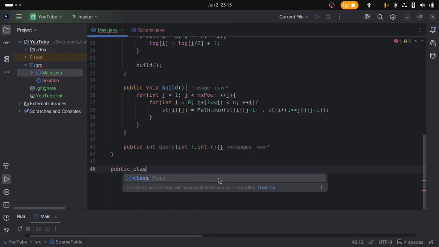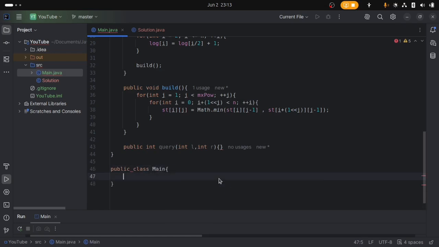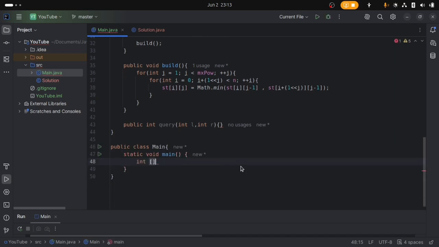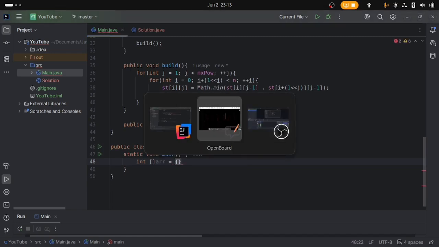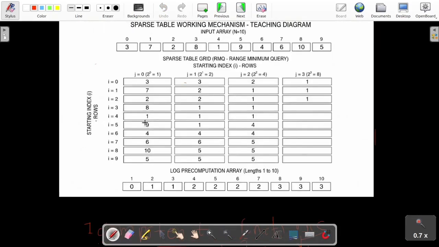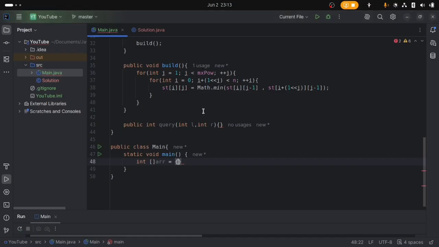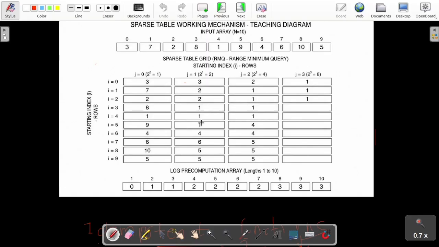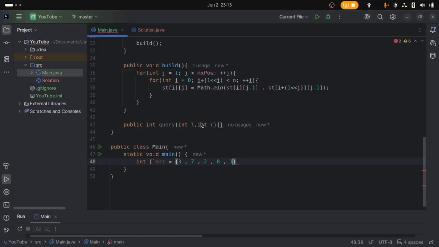Public class, public static void main. Let's take an integer array, the same array which we took while building: 3 7 2 8 1, 9 4 6 1 5.